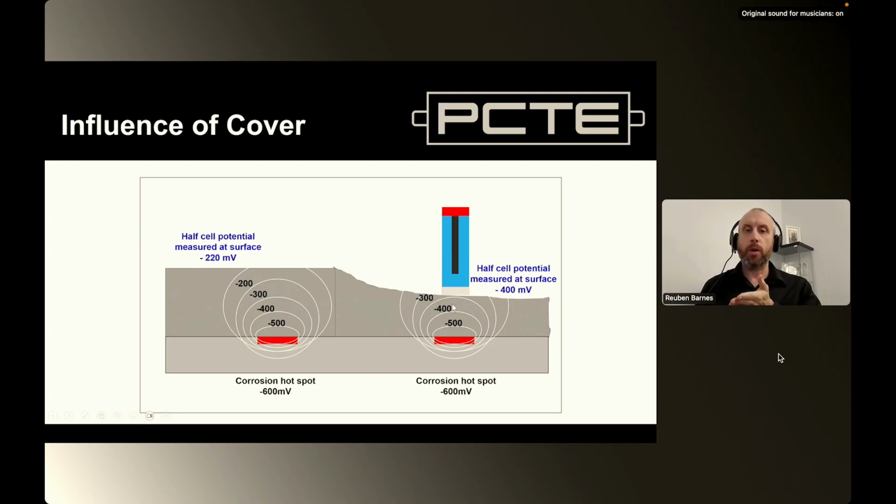We're now closer within that field, and what we tend to find is that our readings are higher. However, that does not have any relation to the actual hotspot itself. And so if we had readings that were highly variable in terms of cover, then that could be problematic. It would also be problematic comparing high cover to low cover areas on a structure and just using those numbers.